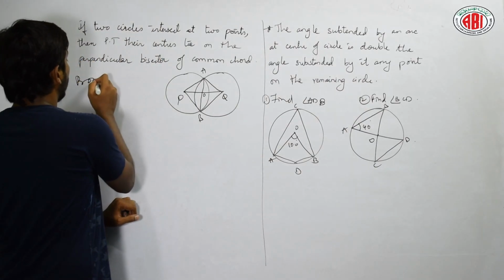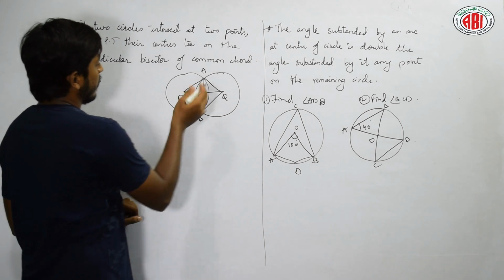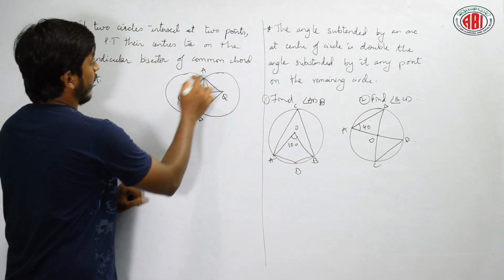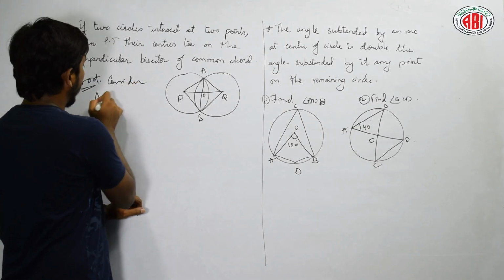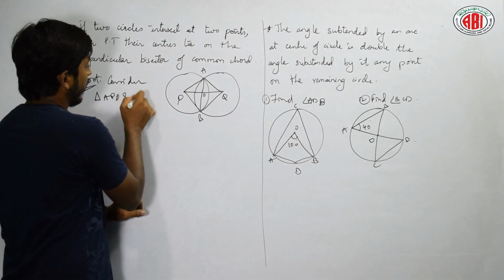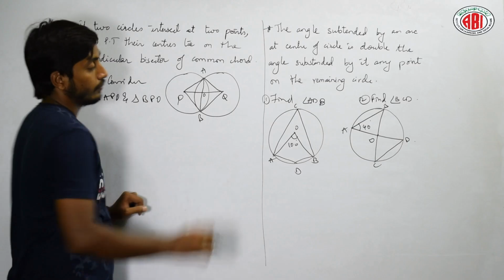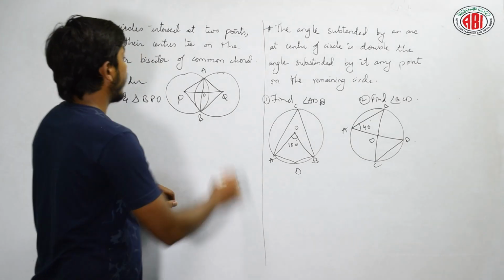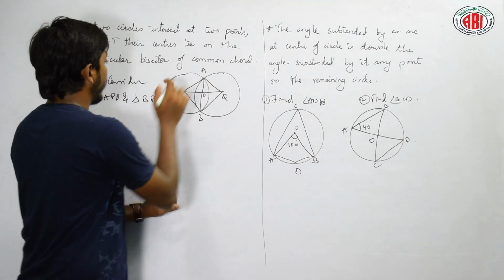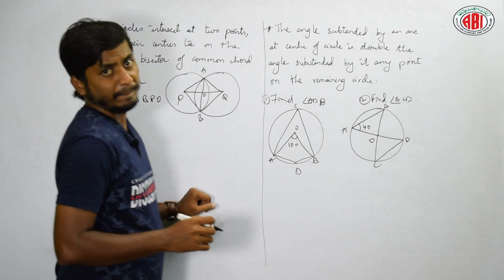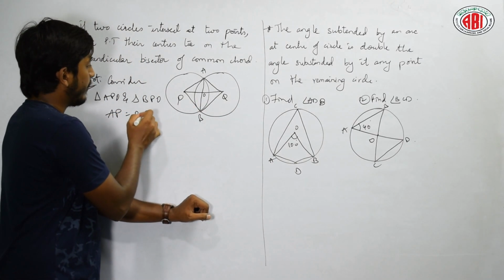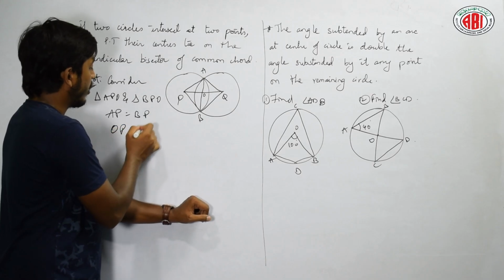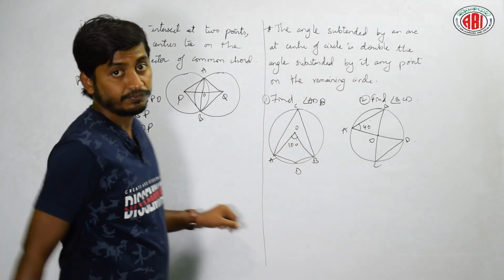How do we prove it? First, let us consider triangle APO and triangle BPO. If you observe here, AP is equal to BP, right? Yes or no? AP is equal to BP and OP is equal to OP, which is the common side.